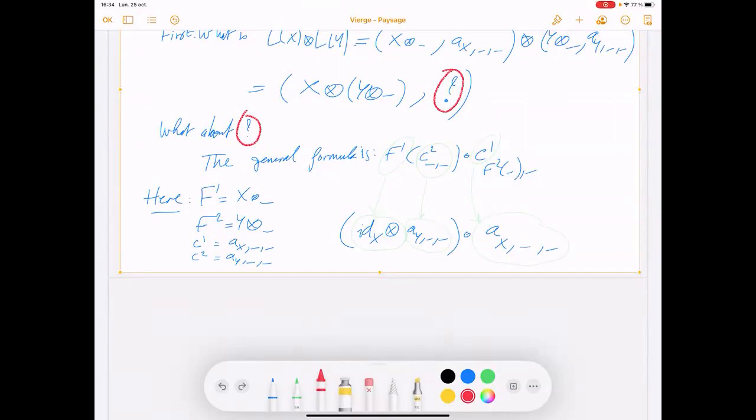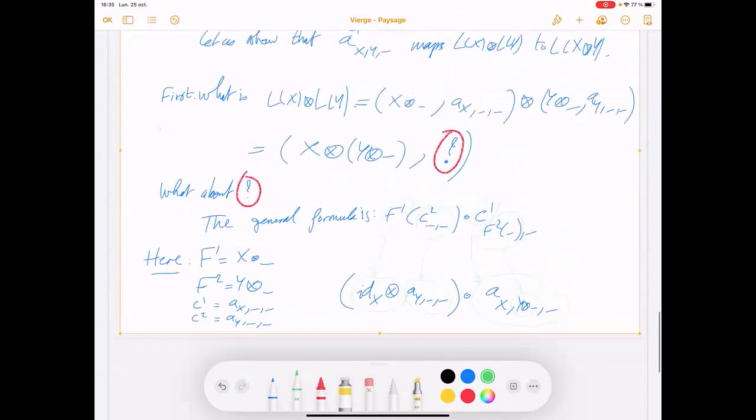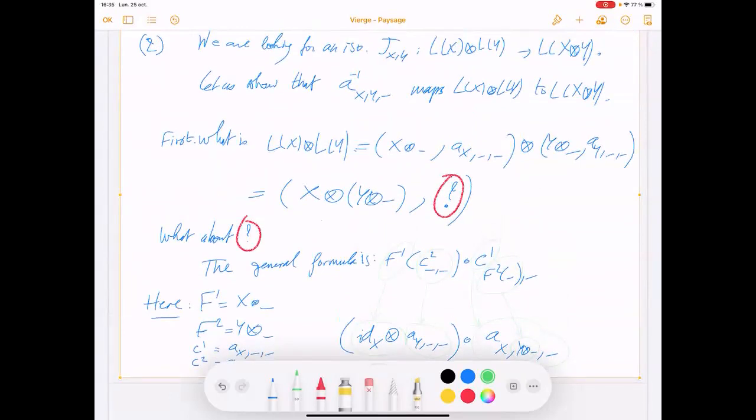So here you put Y tensor something corresponding to that. This corresponds to this. Okay.